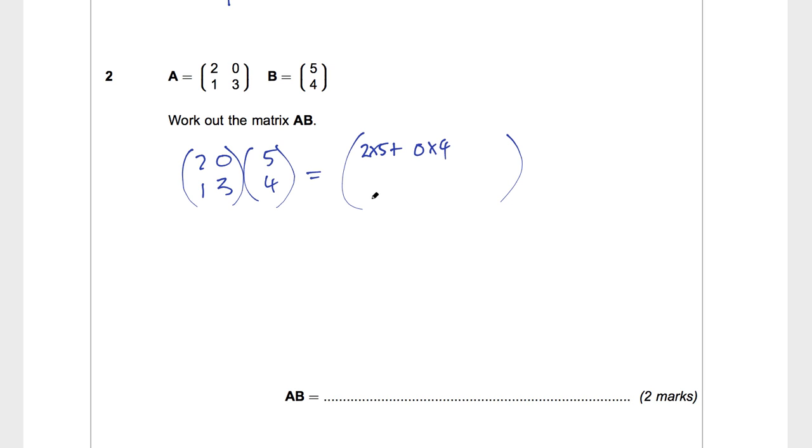And on the bottom row we have 1 times 5 plus 3 times 4. So that's 10 plus 0 and 5 plus 12. So that's 10, 17, and that's my answer there.